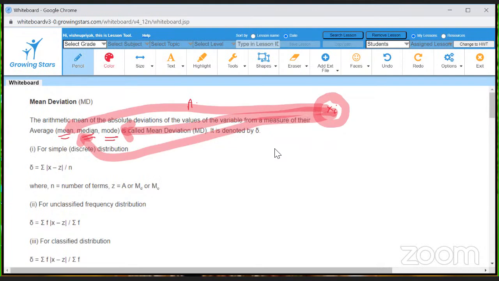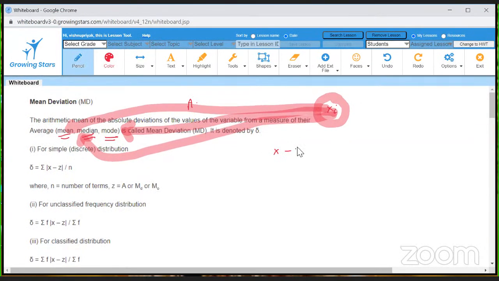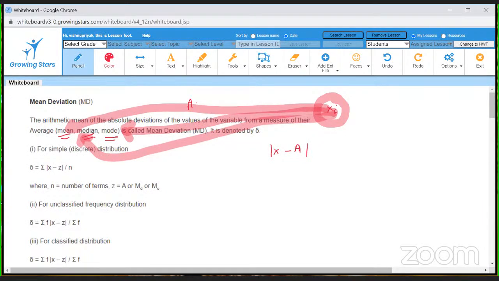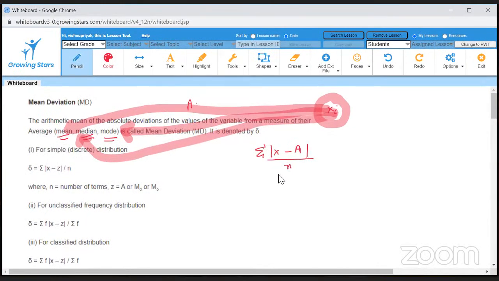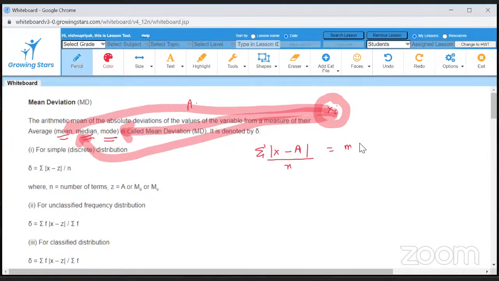You will take the distance between x and arithmetic mean, whether it is positive or negative, you will take the mod. And you will add up all and divide by the number of terms.